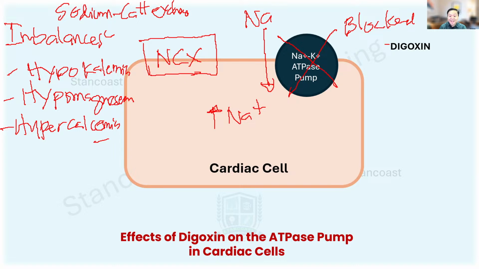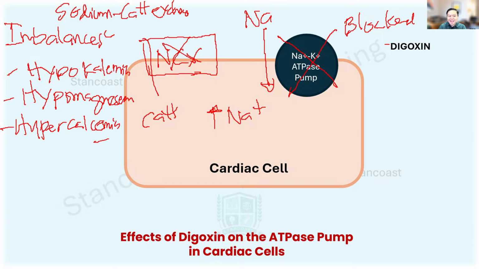So what's going to happen? This NCX is supposed to function normally by forcing out the calcium ions from the cardiac cells into the extracellular compartment, but this is already impaired, right?